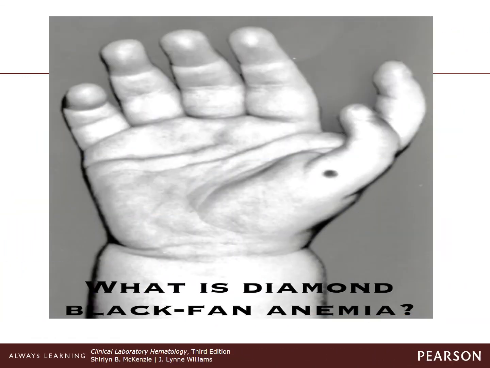In Diamond-Blackfan, you're going to see EPO levels being increased as there is an intrinsic defect of the erythroid progenitor cells, resulting in the inability to respond normally to inducers of proliferation and differentiation.